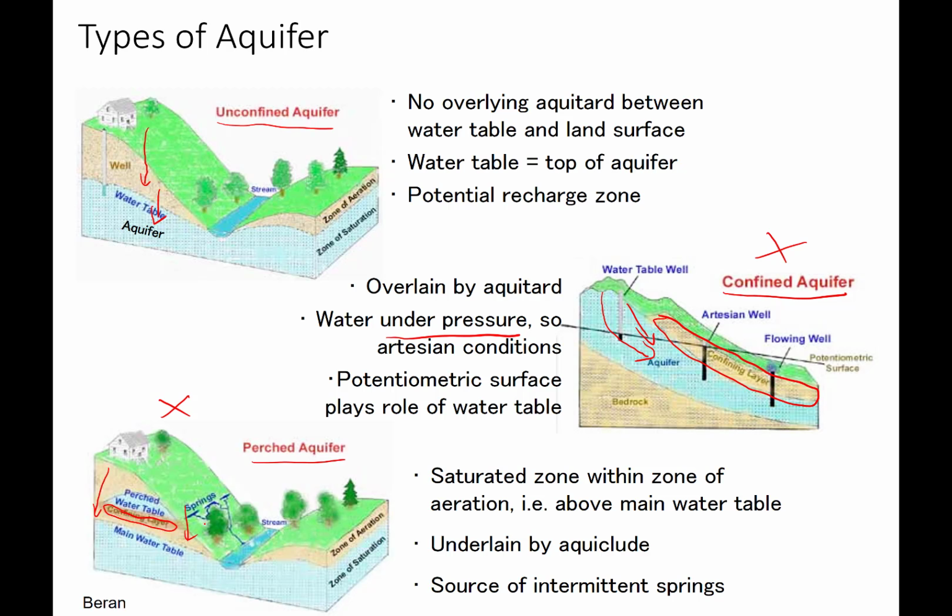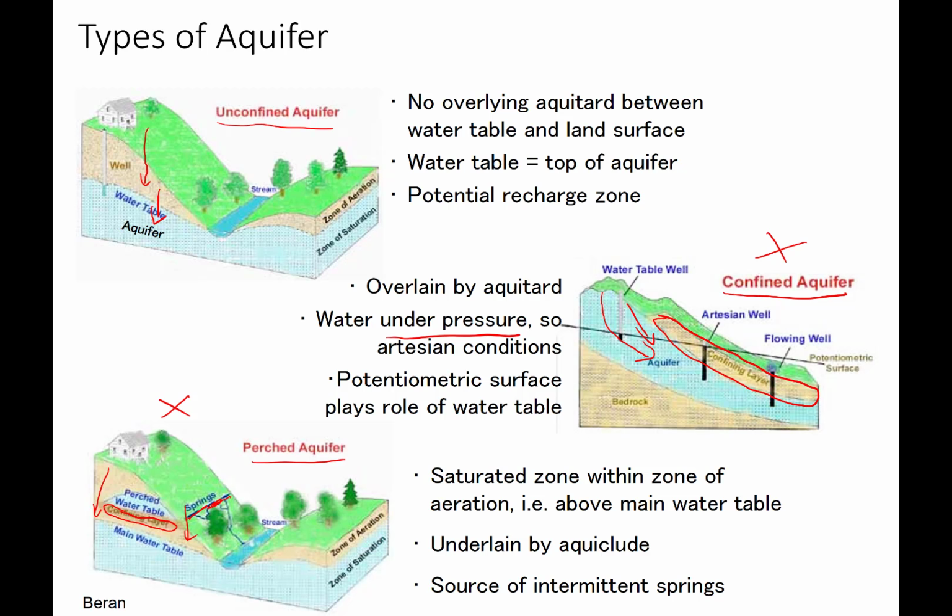So it's localized. But it's a typical condition that you find on hill slopes. And so oftentimes perched aquifers are where you get some of your surface water and spring situations happening. But it also happens out in large basins as well. So it's something that you have to be aware of.